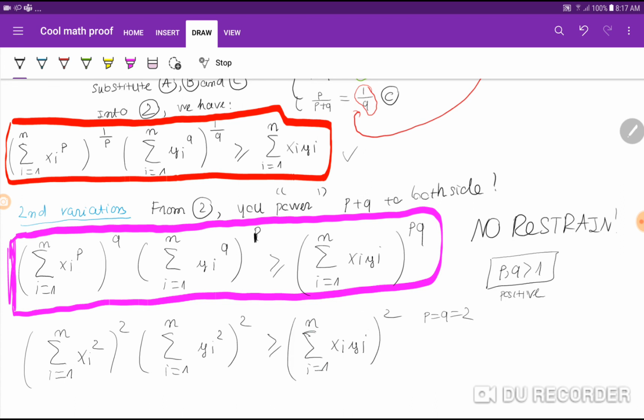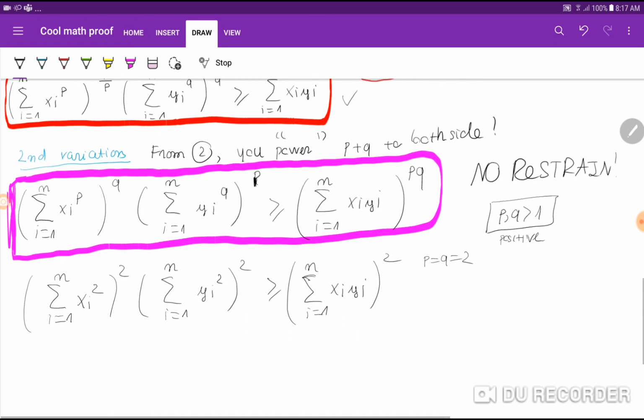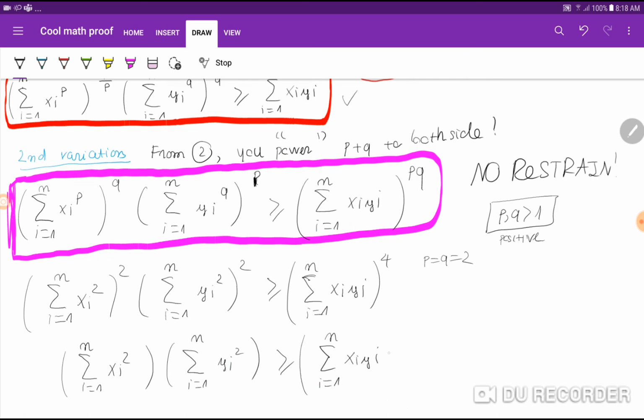You can totally prove this for yourself. Oh, actually no, PQ is 2 times 2, this is 4. If you take the square root of both sides, you arrive at the summation of xi squared times the summation of yi squared greater than or equal to the summation of xi yi, squared.